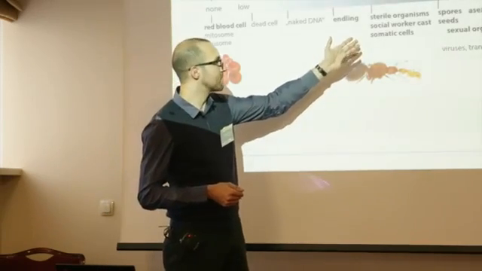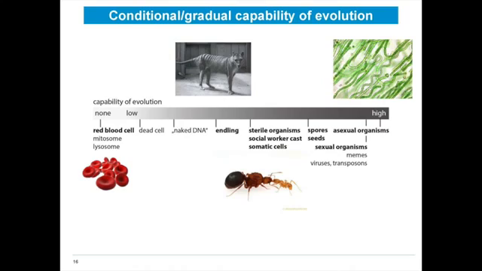Then finally, we have some sterile organisms, like social worker castes. They still have cells in them, so you could take them out, immortalize them, and have a cell line from these organisms, as you could maybe do with an endling, which is the last individual of a whole species on the verge of extinction, like the last Tasmanian wolf that then died.